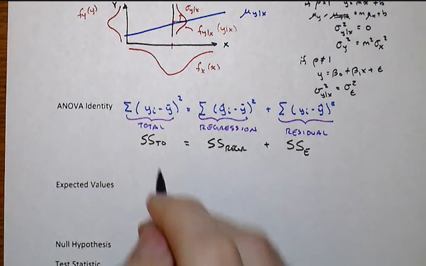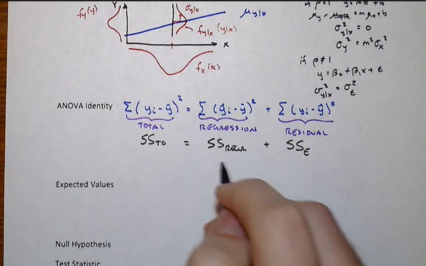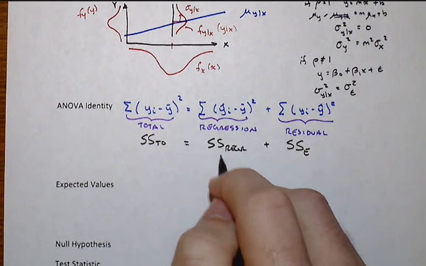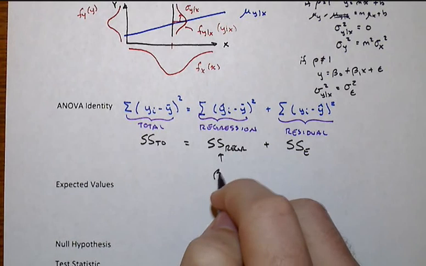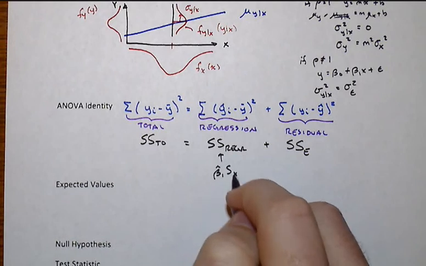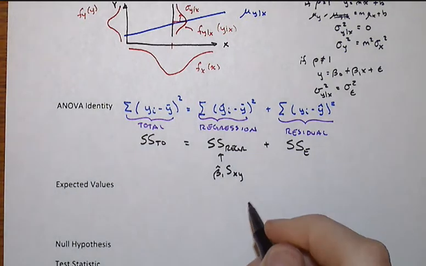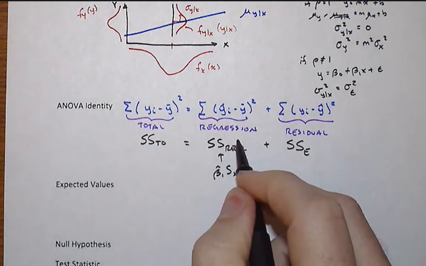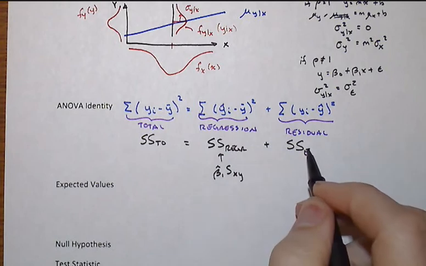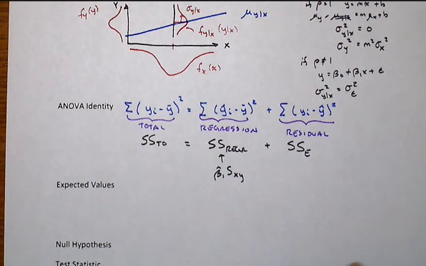Okay, and we know that, for instance, this guy here is equal to beta 1 times capital S sub xy, right? And so this is the portion of variation explained by the regression line, and this is the portion that's left over, the unexplained portion.